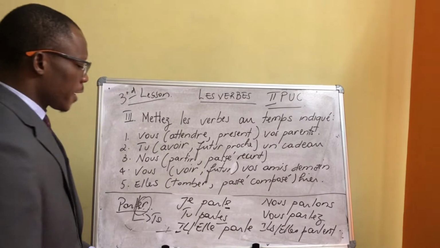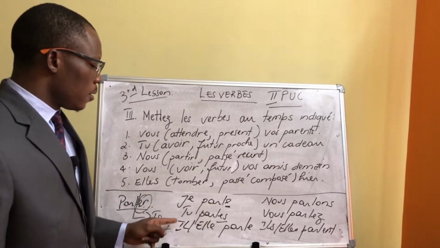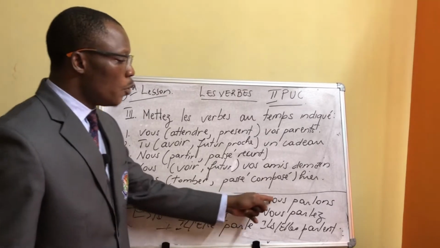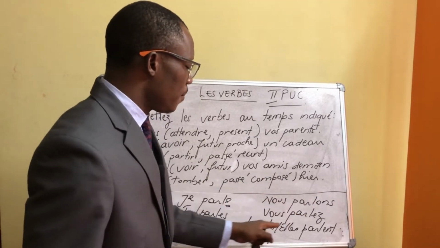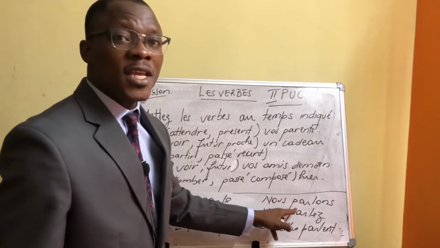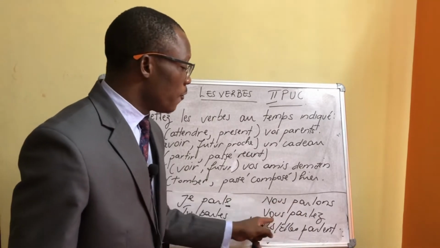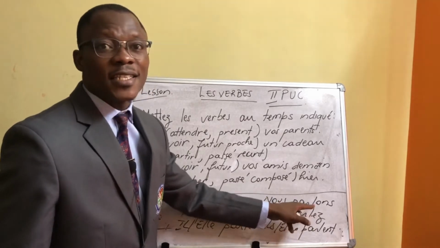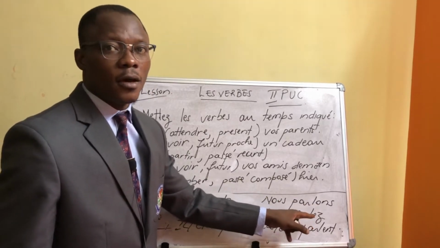I'll read it again. Je parle. Tu parles. Il parle. Elle parle. Nous parlons. Vous parlez. Ils parlent. Please don't read the Z here: in vous parlez, this EZ sounds like A in French.